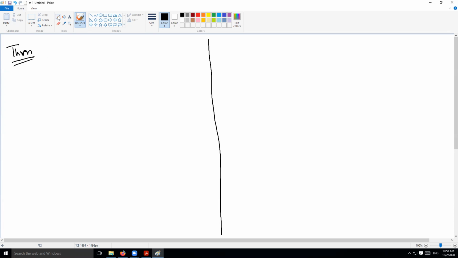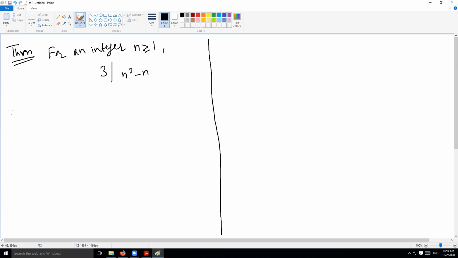So for example, this is an example on page 123. It says that for an integer or natural number, whatever you call it, n bigger than or equal to 1, 3 divides n³ minus n.